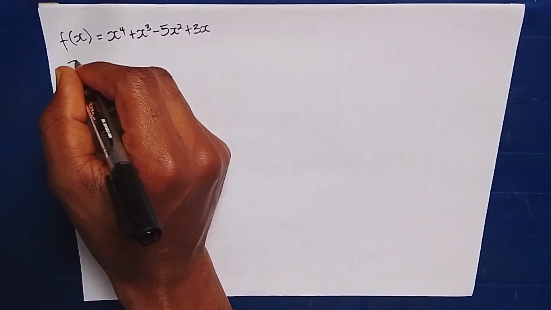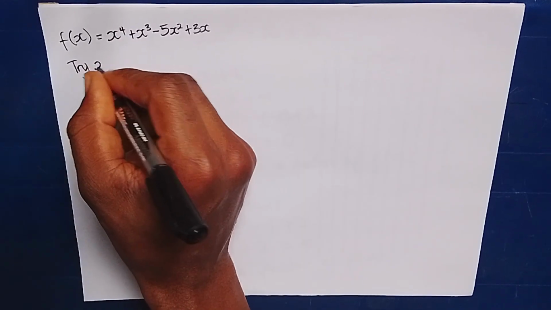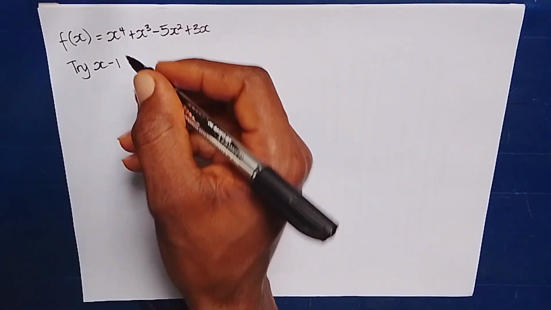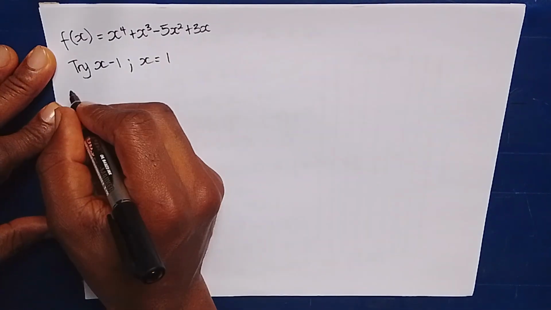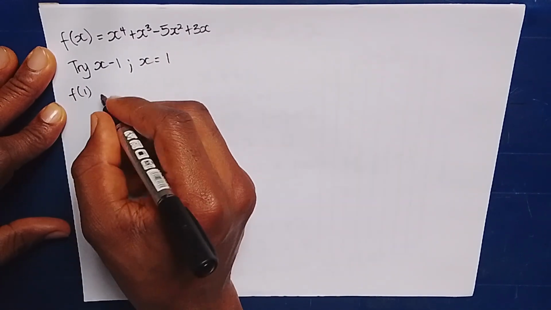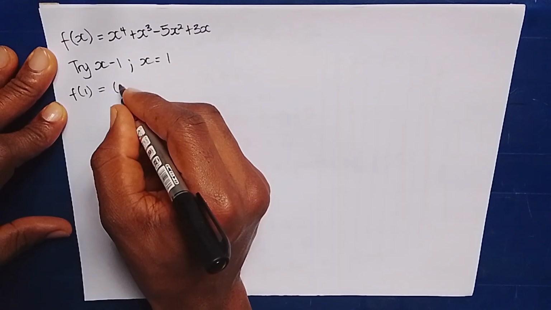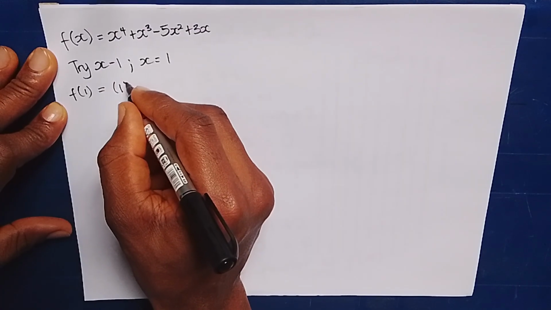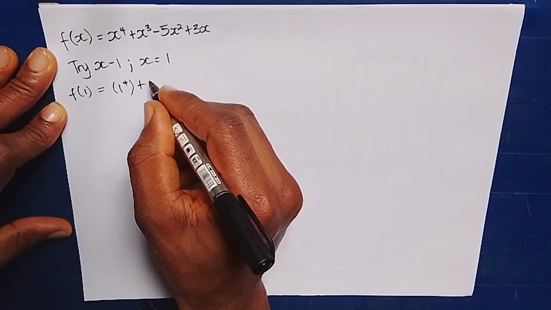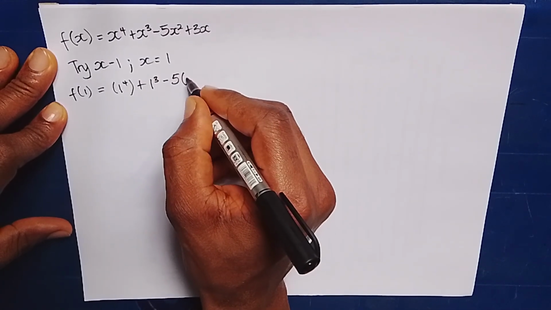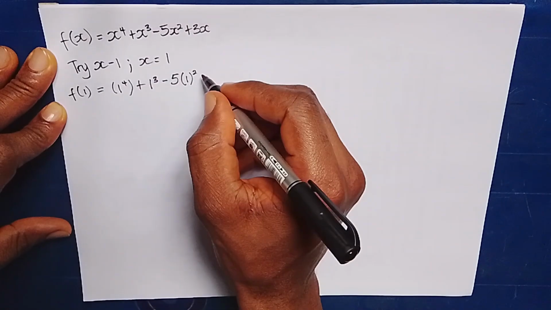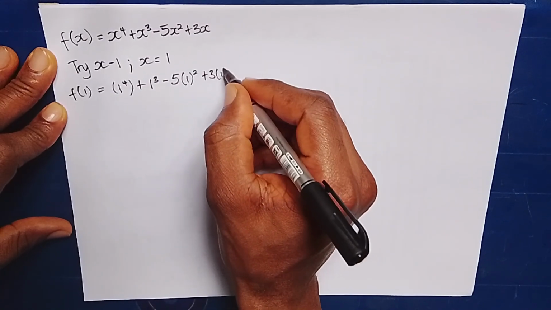So we'll do a trial and error, that is testing different factors. Let's try x minus 1. X minus 1 will imply that x is equal to 1. So let's do f of 1. F of 1 is equal to 1 raised to the power 4 plus 1 raised to the power 3 minus 5 times 1 raised to the power 2 plus 3 times 1.